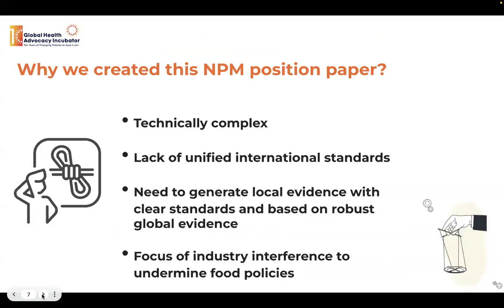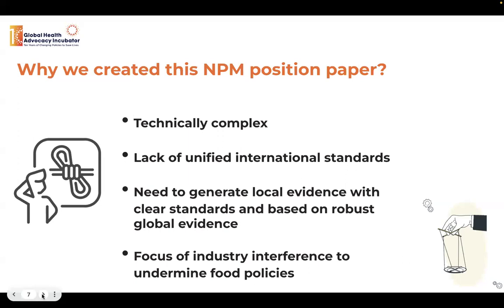Why did we create this nutrient profile model position paper? The sense of urgency that this group of organizations felt was related to the fact that in many countries where we are supporting advocacy campaigns to promote food policies, we saw that the nutrient profile model is a main obstacle to moving forward, because it's technically complex and we need to make it easier to understand and more accessible for decision makers and other audiences, because there is a lack of a unified international standard about nutrient profile models.